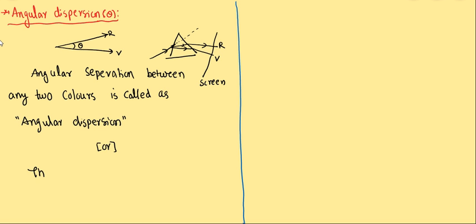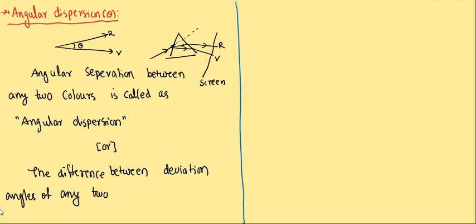That is the difference between the deviation angles of any two colors is called angular dispersion. These are the two definitions of angular dispersion.